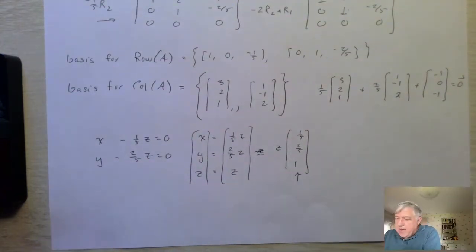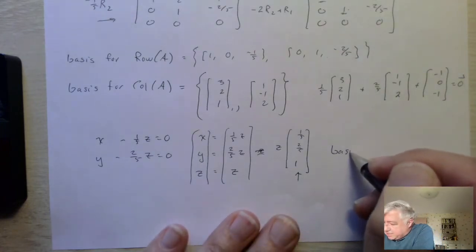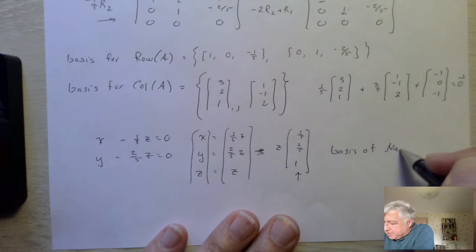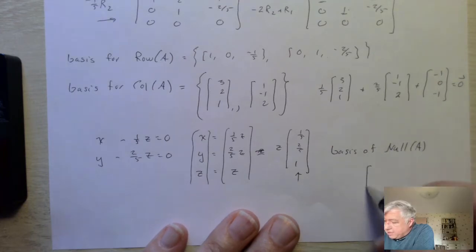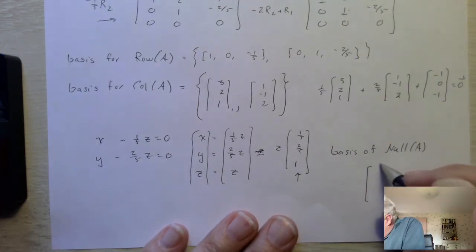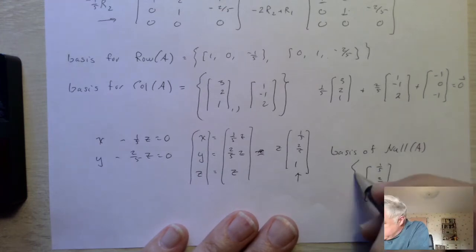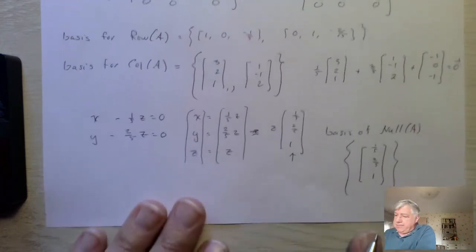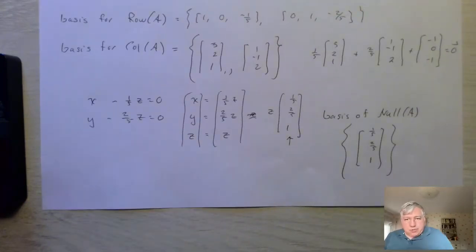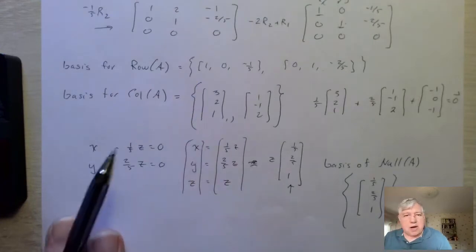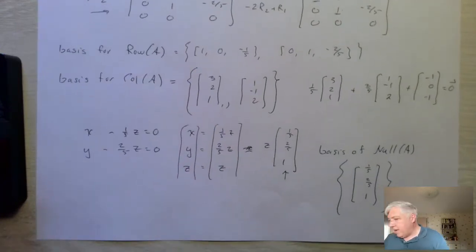And this is the vector that we want to be our basis. So our basis of the null space of A is just this column vector (1/5, 2/5, 1). So the dimension of the null space is 1. The dimension of the row space and the column space are both 2. And we're going to see very soon that this is no accident.